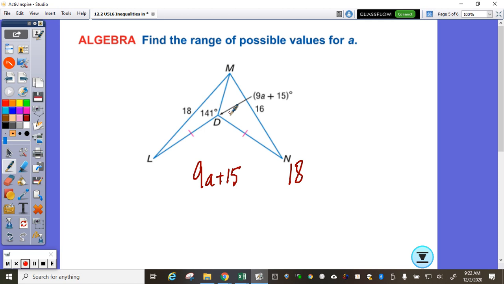So across from 9A plus 15 is 16. Across from 141 is 18. Which one is bigger? Okay, 18 is bigger. So 9A plus 15 is less than 18.